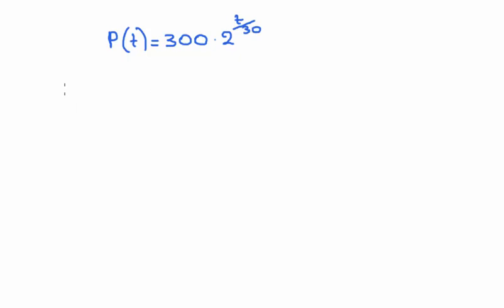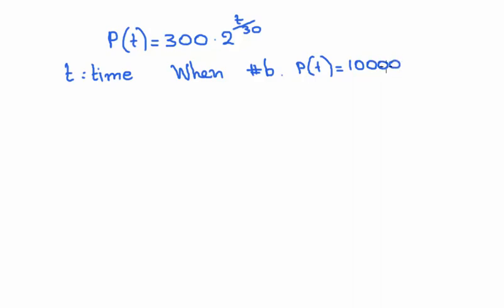What we want to know now is when, and remember t is what counts the time in this case, so we want to know when the total count of bacteria, meaning the p of t, will be equal to 10,000. Why?